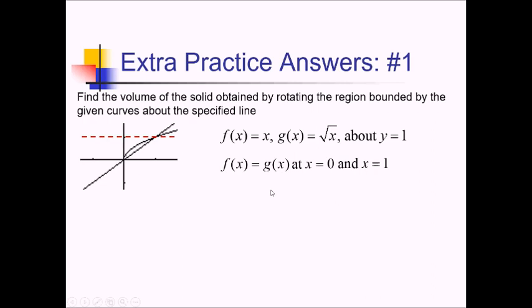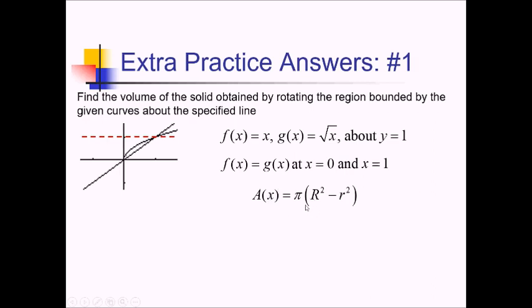So now I need to figure out what formula I'm using for the area slices that I'm going to be integrating. Since I have a gap, a space between the bounded region and this axis of revolution, I'm going to have to use washers, pi times big R squared minus little r squared as my setup formula for the area.